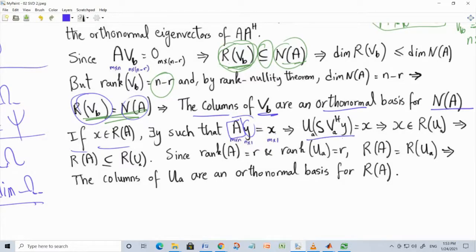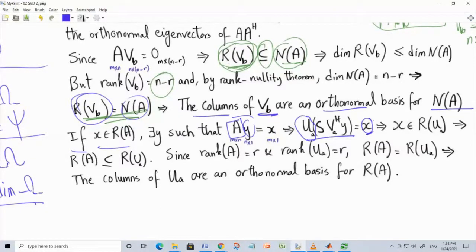If you write down A using the reduced SVD, then A is equal to UA SVA Hermitian. So X itself can be written in this form. It can be written as UA multiplied by a vector, equal to X. So it means that X also is in the column space of UA.